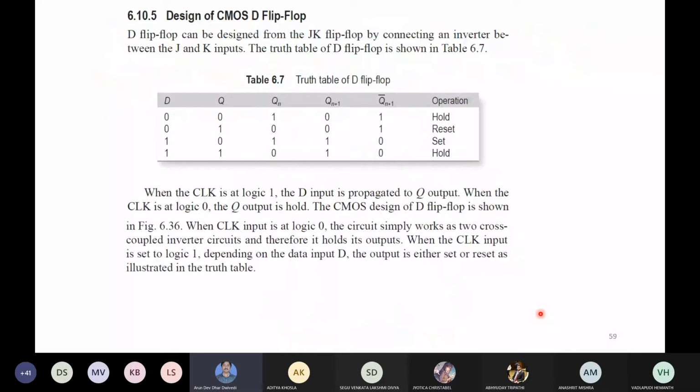And also this D flip flop, the JK flip flop is modified.